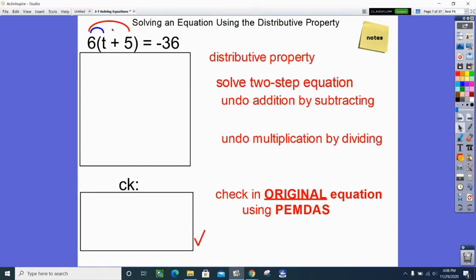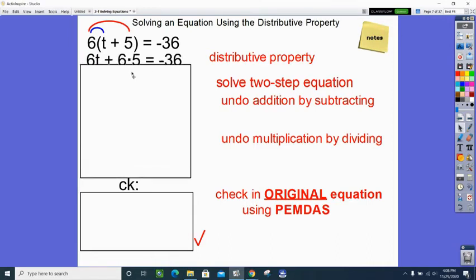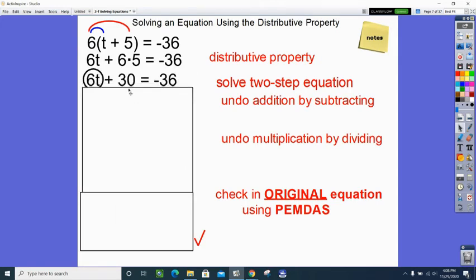So I'm going to distribute the 6 and clear the parentheses, because when I multiply 6 times t and 6 times 5, I'm going to get 6t plus 30 equals -36. I am absolutely okay if you need to write this step, and I'm okay if you can go right from here to here. So 6, rainbow it over to the t, 6 times t, plus take the 6 and rainbow it over to the 5, 6 times 5, which is 30.